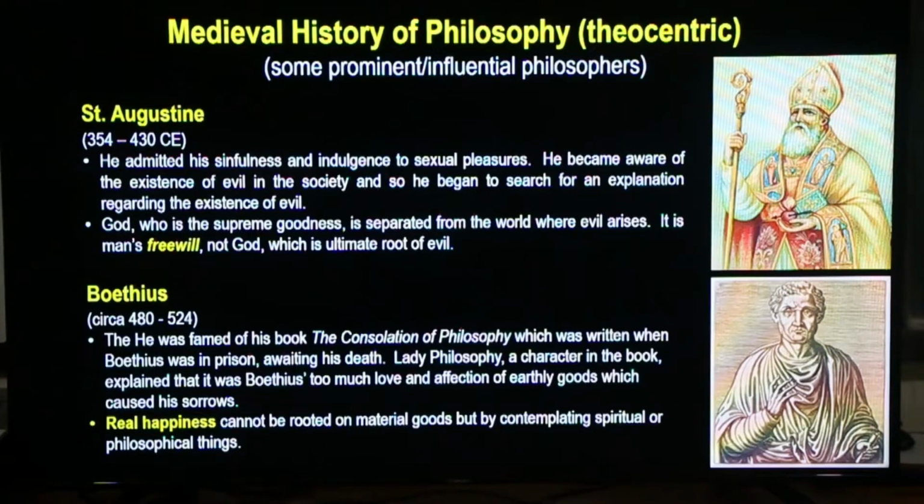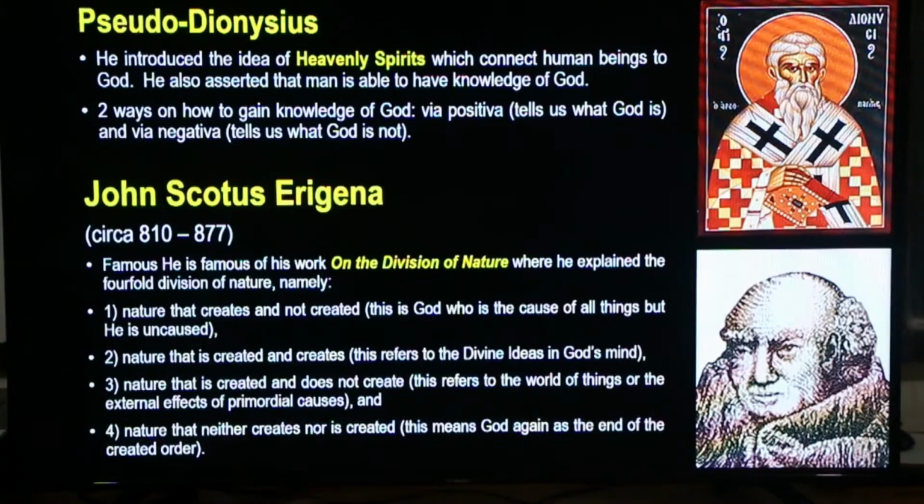Another medieval philosopher is Boethius, who believes that real happiness cannot be rooted on material goods or material things, but rather by contemplating on spiritual or philosophical things. Material things may give us happiness, but it will not give us real happiness, because real happiness is rooted on spiritual or philosophical things.